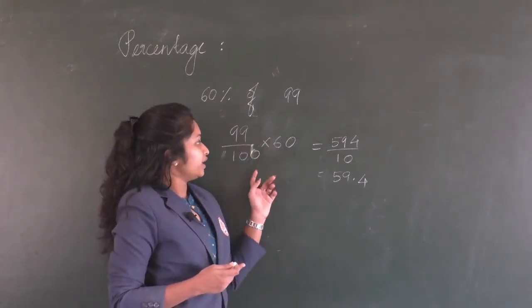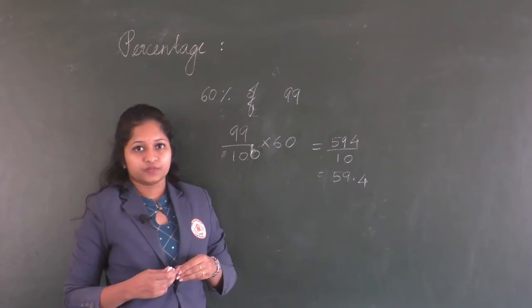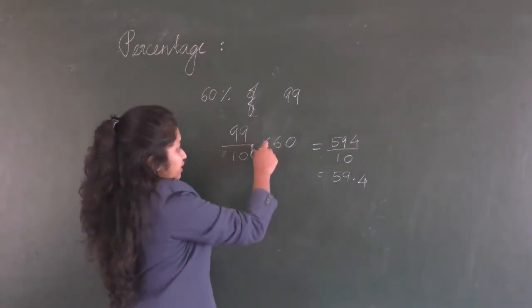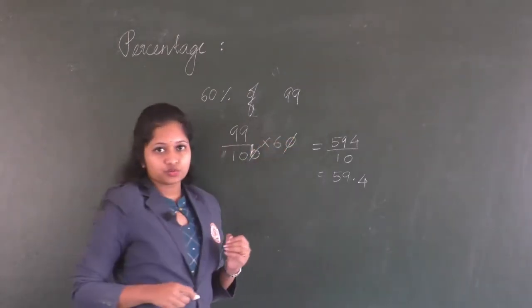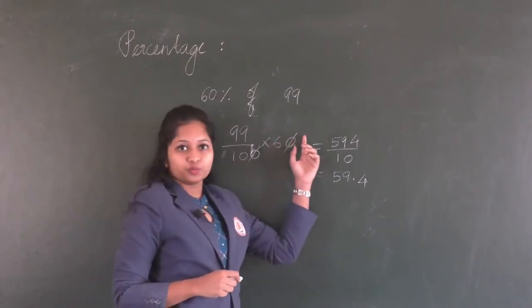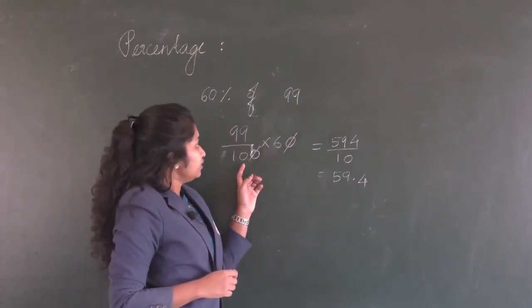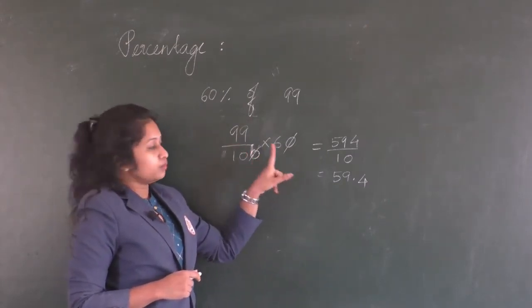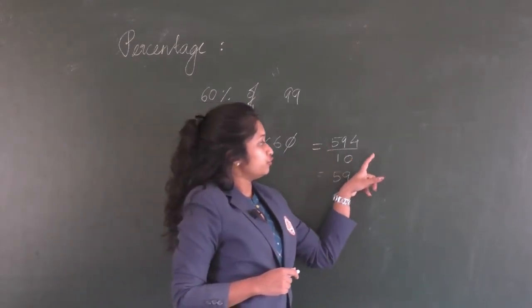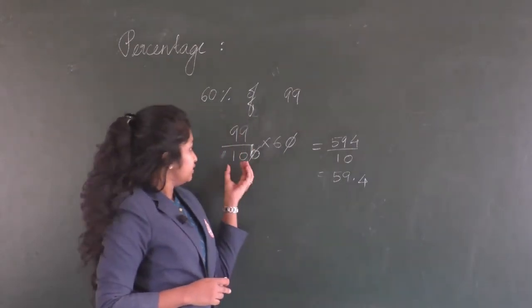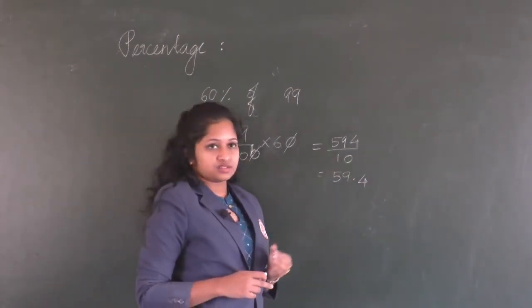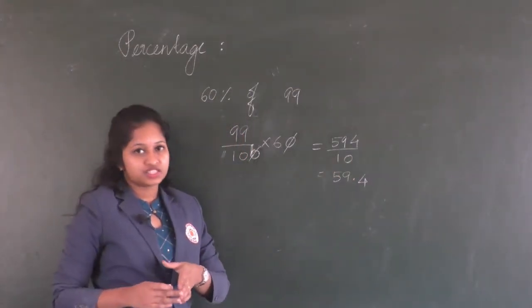So 99 by 100 into 60. So here we can cancel these zeros since it is in the numerator and denominator. And then multiply 99 by 6, that is 594. And write this 10 as it is, 594 by 10.